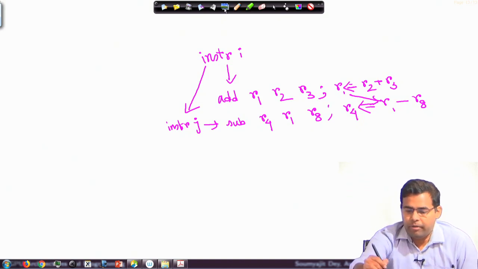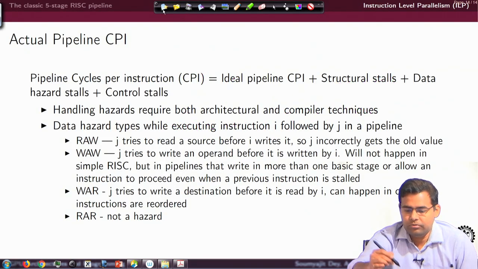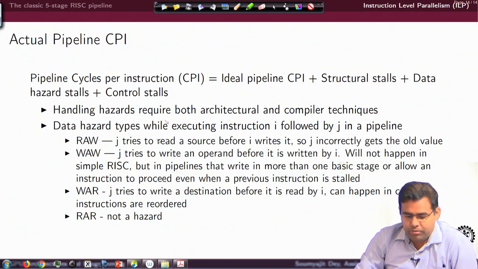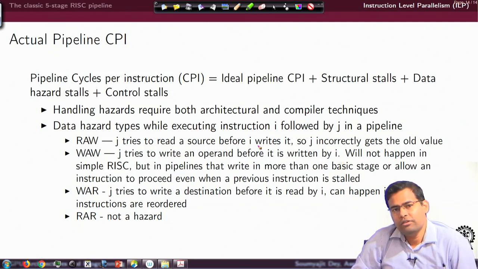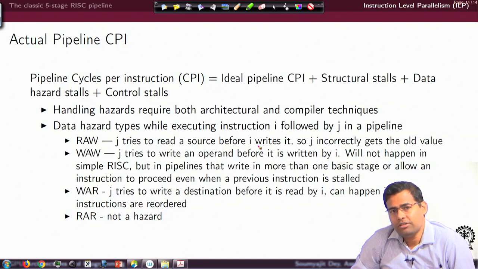Coming back to our description of the hazard, j is trying to read from some source, and that is a place where I is supposed to write. As we know in the pipeline, I is going to execute the write part in the write back stage. That means the destination register for I will be updated in the write back stage, whereas the read has to wait until this update happens.